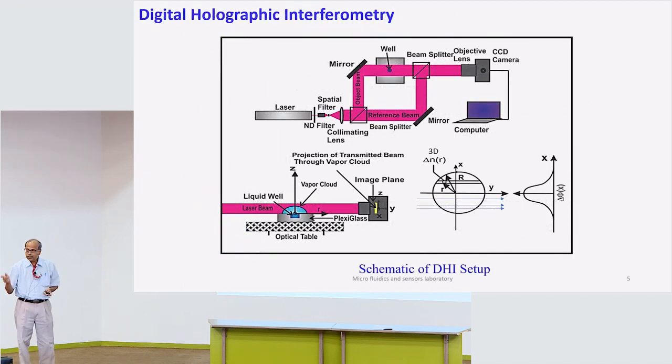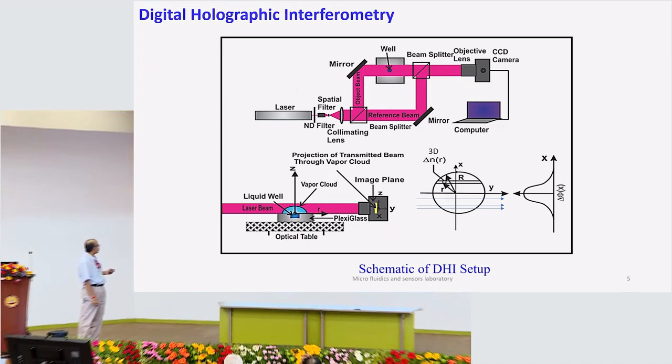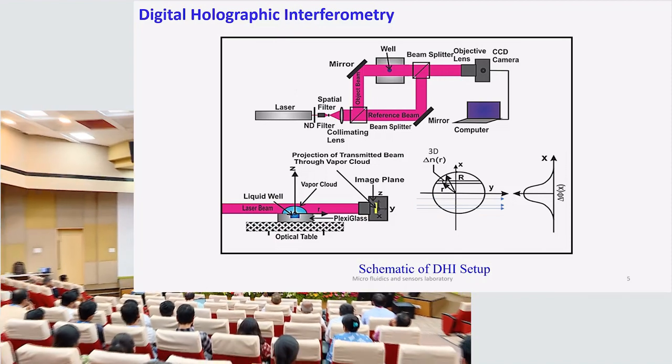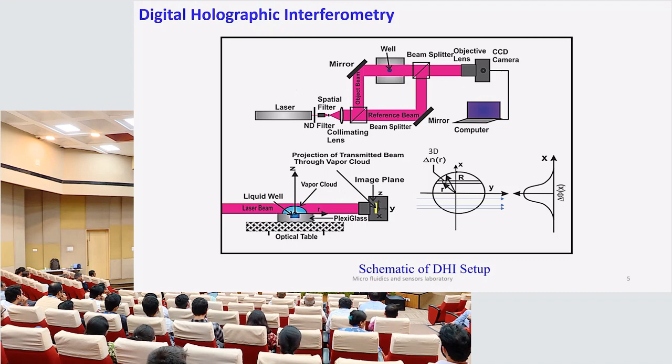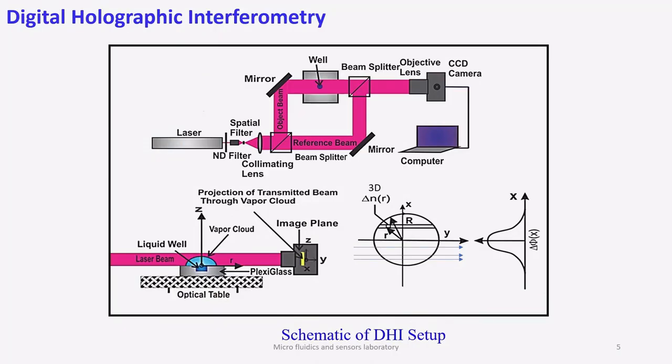So when we started doing the evaporation rate measurements, the first question was how to measure it, or how to find the concentration distribution. We resorted to holographic interferometry, and this is the arrangement I have shown you: the laser and optics here, and this is the camera, and this is where I put the well, imaging in an off-axis arrangement.